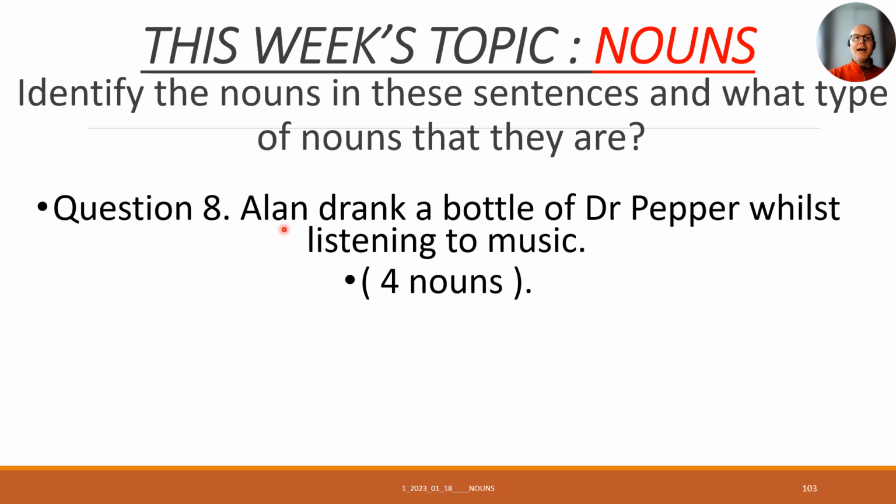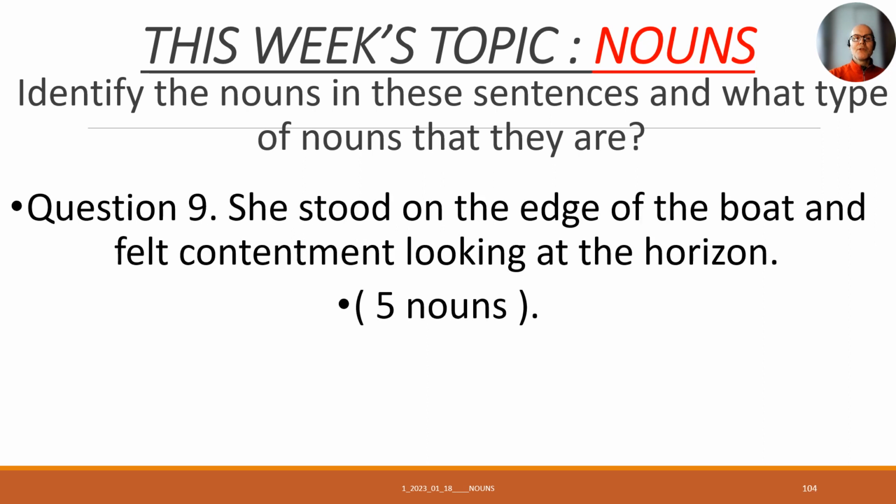Question 8. Alan drank a bottle of Dr. Pepper whilst listening to music. 4 nouns. Question 9. She stood on the edge of the boat and felt contentment looking at the horizon. 5 nouns.